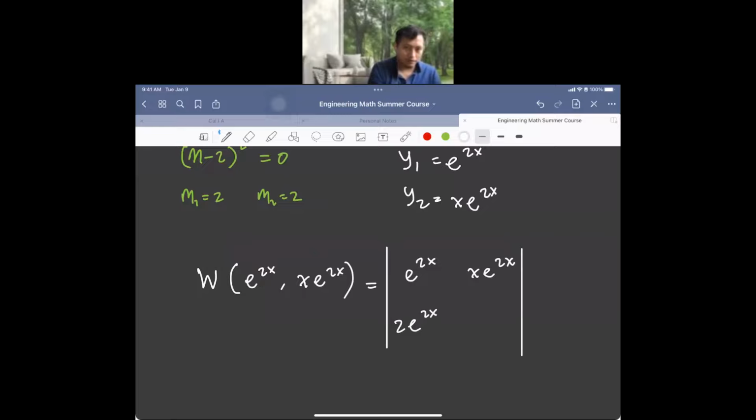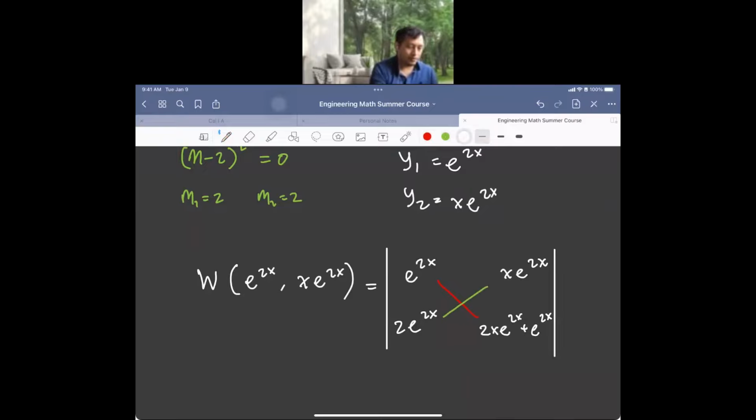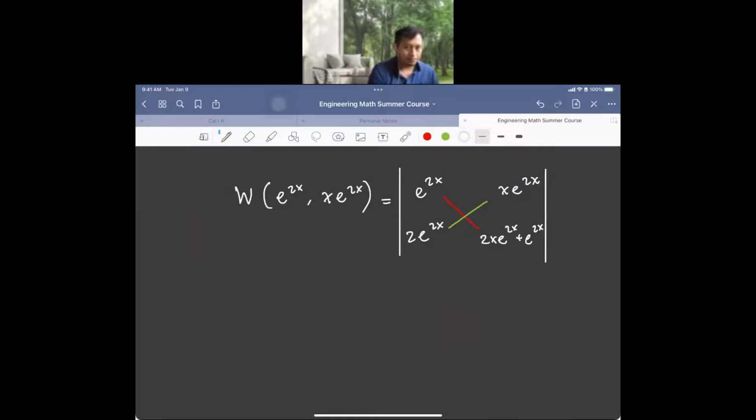So first the derivative, but I need to take it a little bit slowly here because it has a product rule. So e to the 2x, so 2x e to the 2x plus e to the 2x. Now take the subtraction for this multiplication.